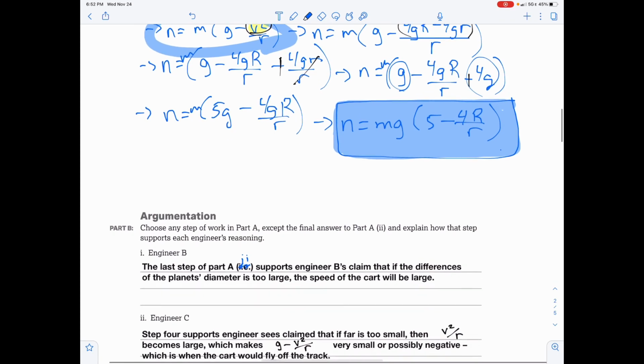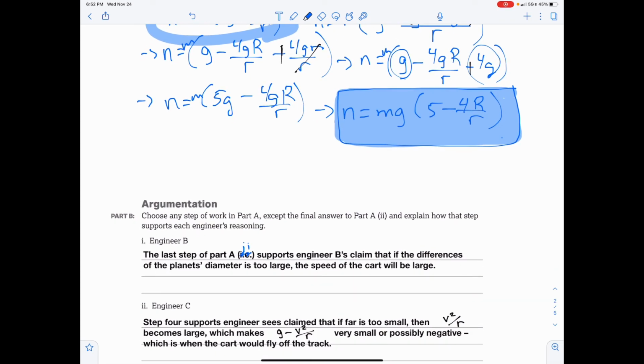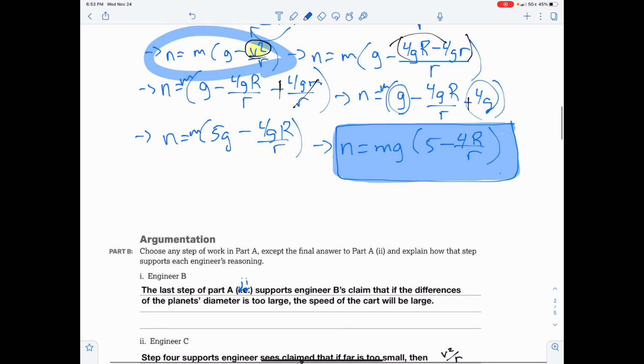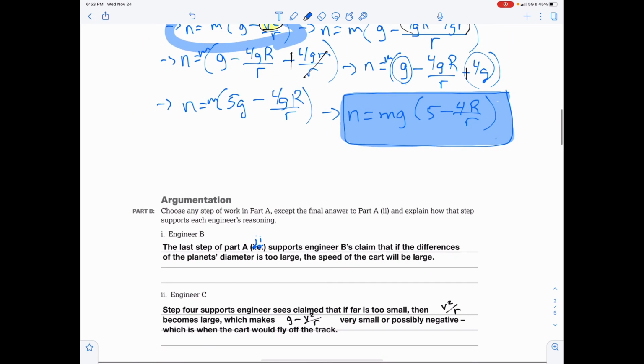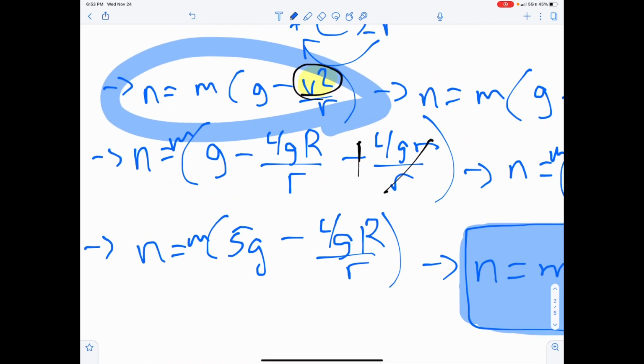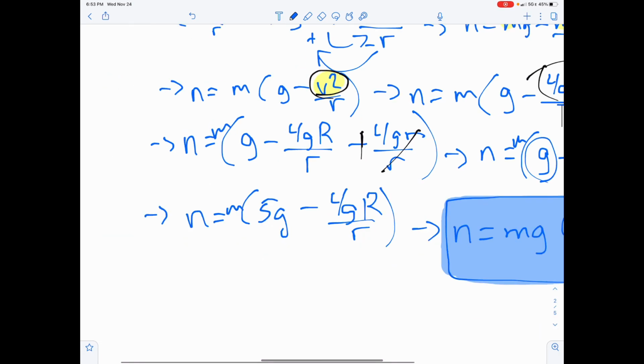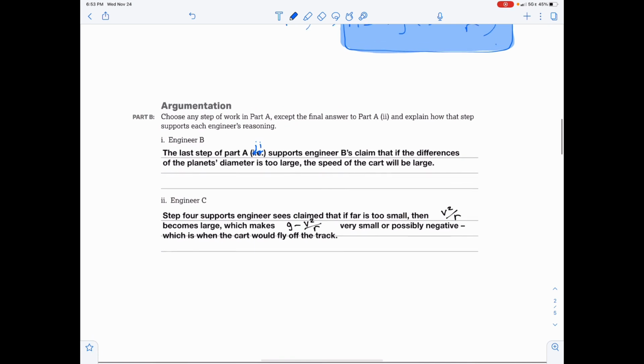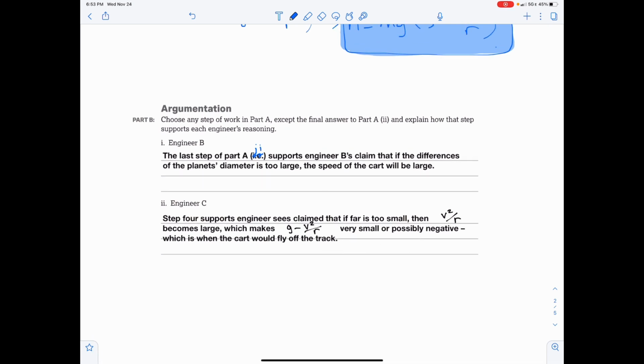Okay, so if the value of v squared over r becomes too large, then this value here becomes too large, and that will be subtracting more from g, meaning that whole value is much smaller, which means the normal force is smaller. Which could make it too small or possibly negative to make the car fly off the track.